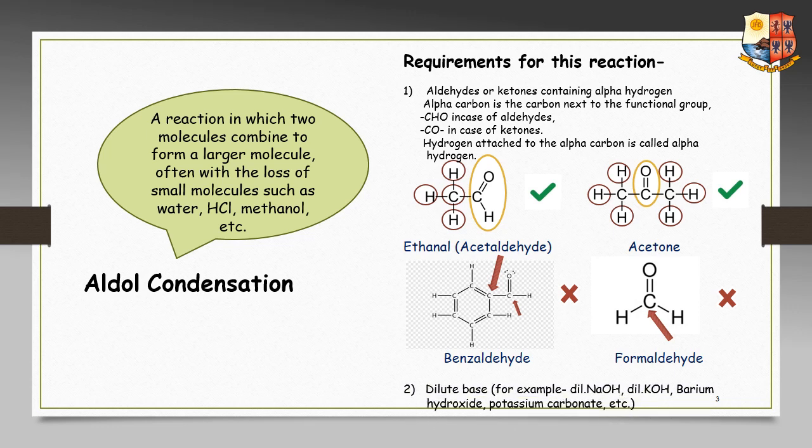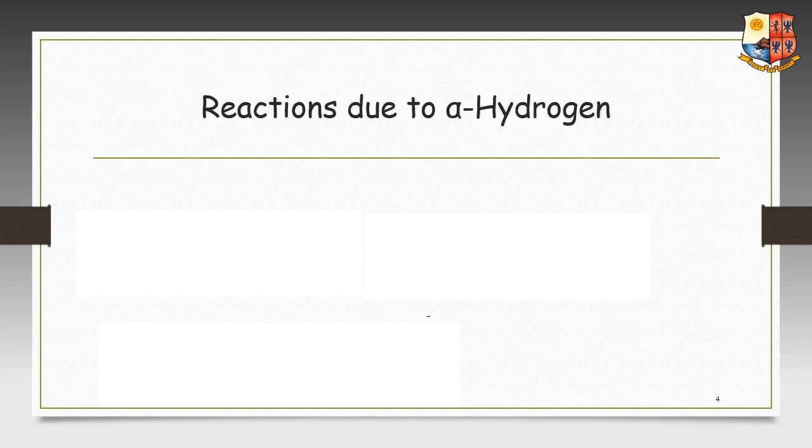The second thing required is a dilute base. For example, dilute sodium hydroxide, potassium hydroxide, barium hydroxide, potassium carbonate, etc. Now that we've seen that molecules which have alpha hydrogen will show this reaction, let's see what exactly makes these alpha hydrogens so essential for this reaction.